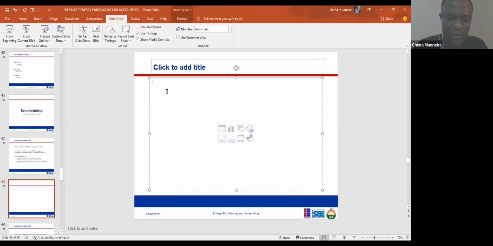The NNPC building uses an energy consumption of 1 million kilowatt hour. And NNPC has a floor area of, just as an example, 30,000 square meters.